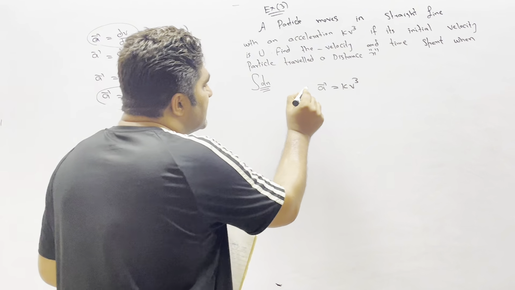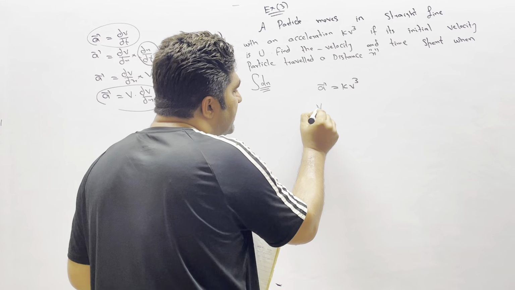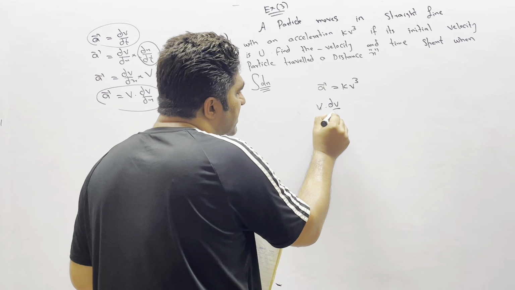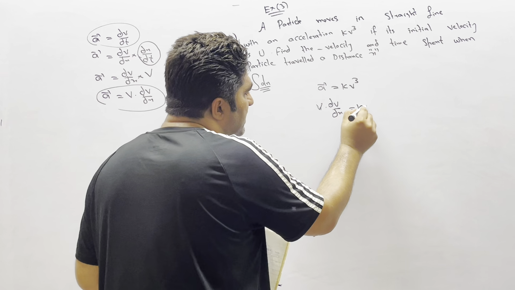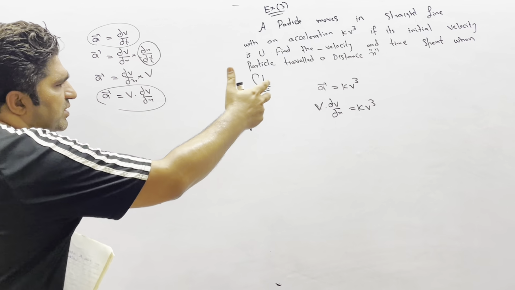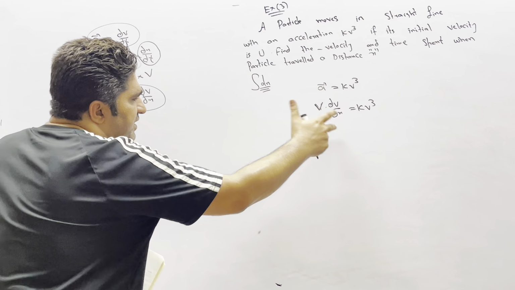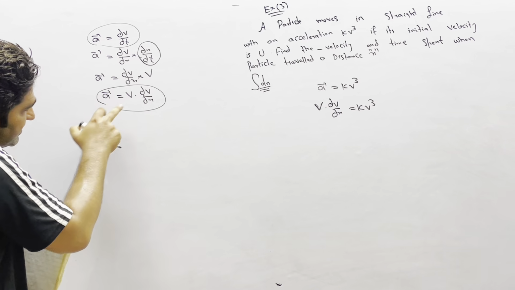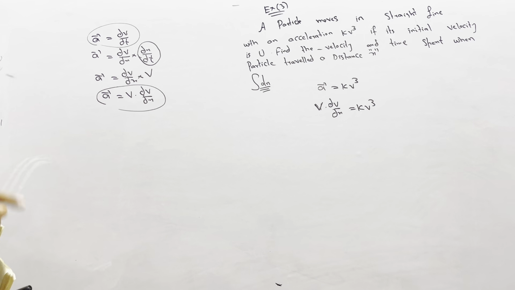So I can write v dv over dx equal to kV cubic. I explained how I got A equal to v dv over dx. You can write these things in your notes, my dear students.